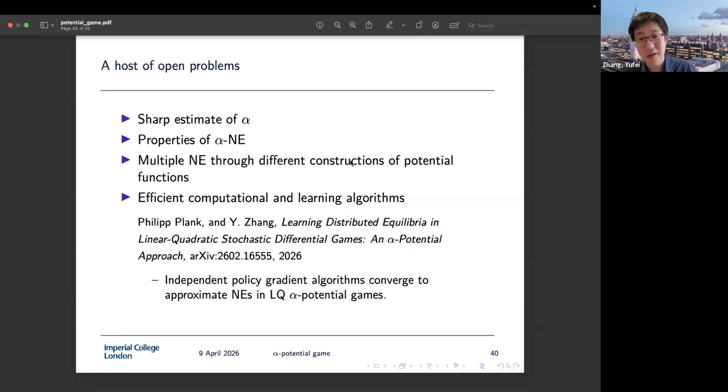Yes, so this is essentially what I illustrated before. It depends on how you parameterize the feedback function, basically the policy parameterization.